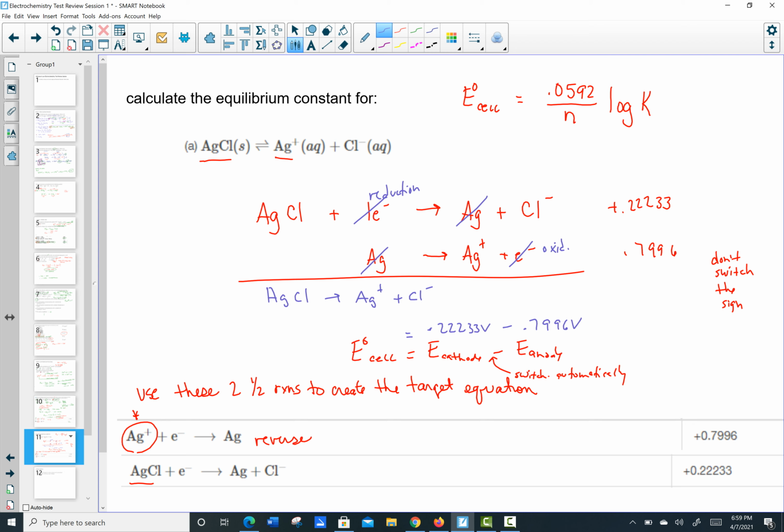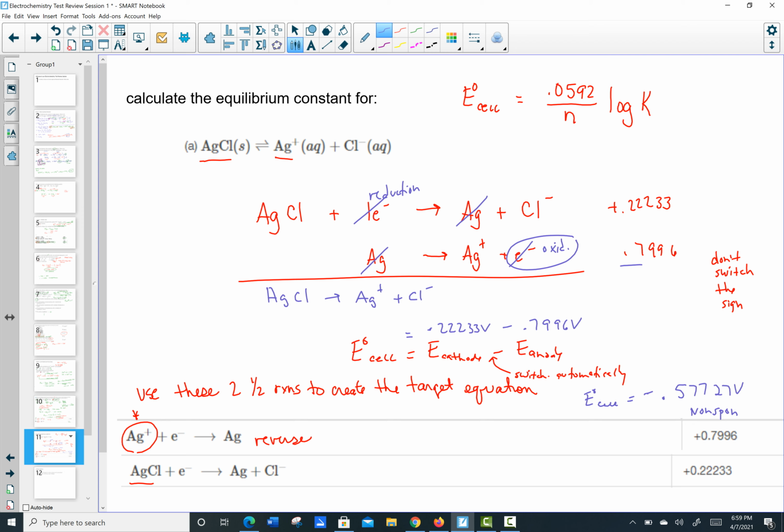So the E cell coming out here shows a non-spontaneous reaction with a voltage of negative 0.57727 volts. I know it's non-spontaneous with that negative voltage, and just based on my two half reactions, I'm able to tell that the electrons lost in this reaction mean oxidation. So that larger number was actually oxidation this time.